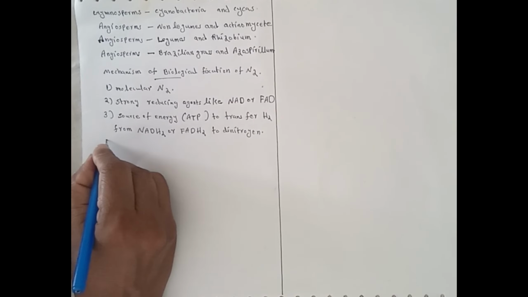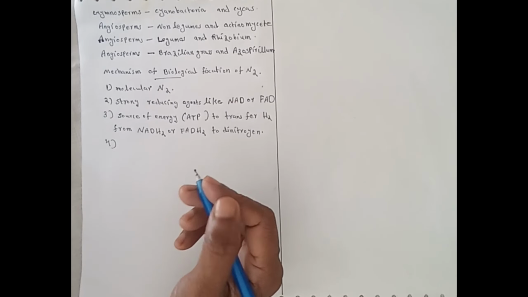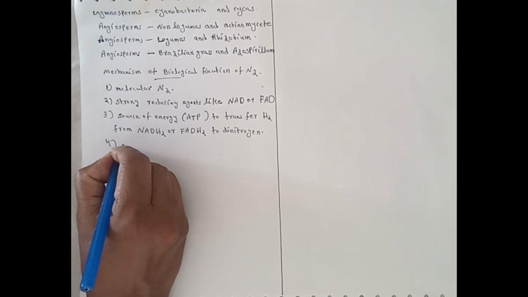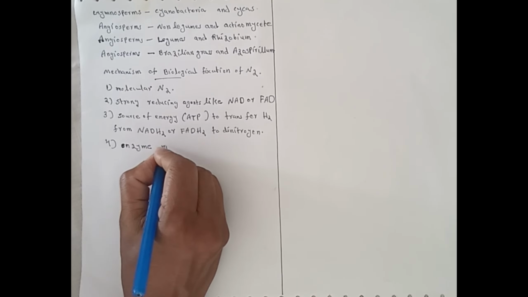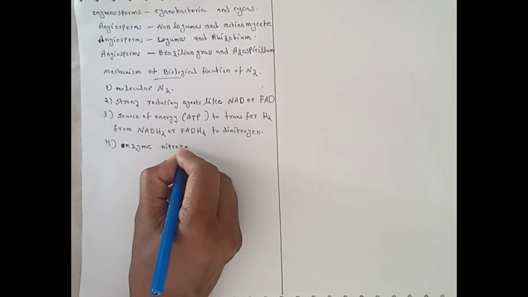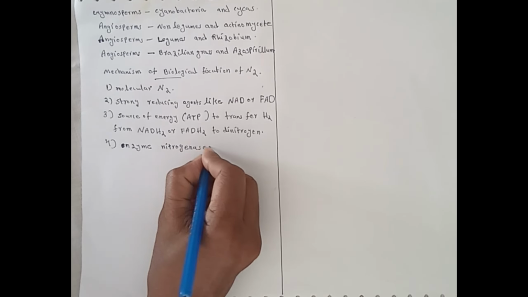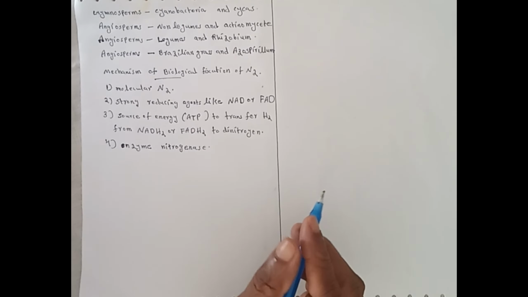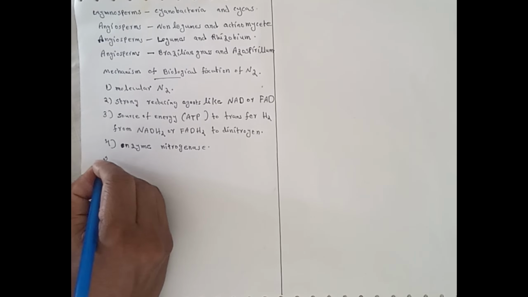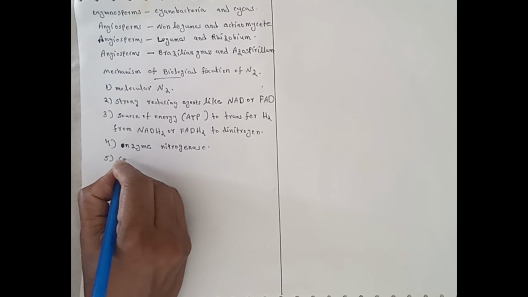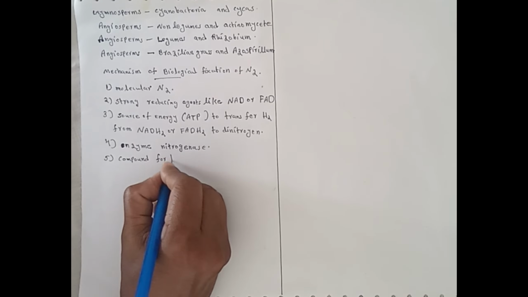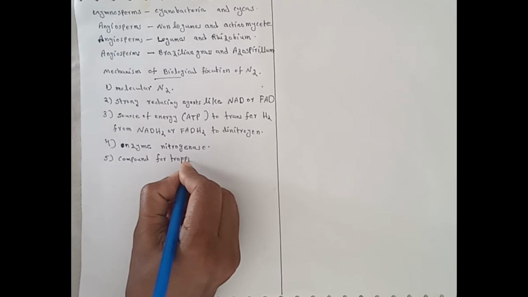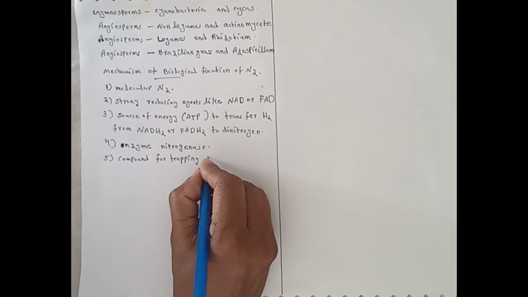The fourth requirement, the enzyme nitrogenase. And fifth requirement, a compound for trapping toxic ammonia.